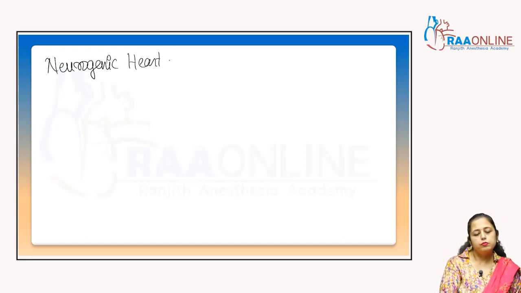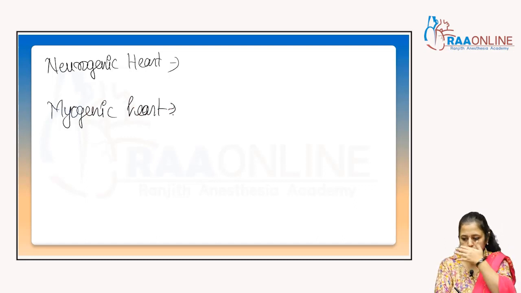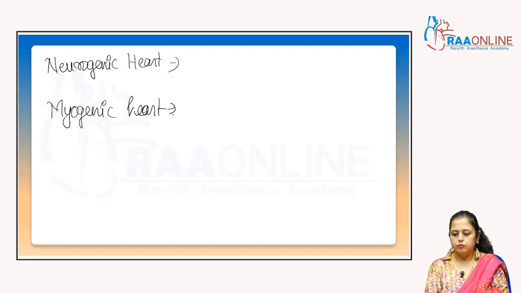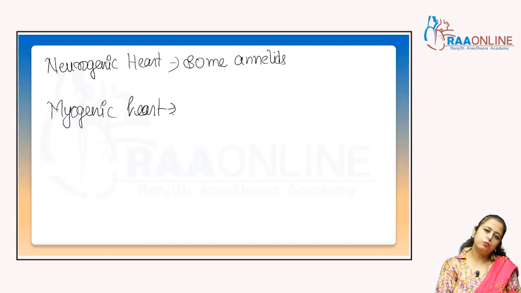So neurogenic heart is present in some annelids and some arthropods.